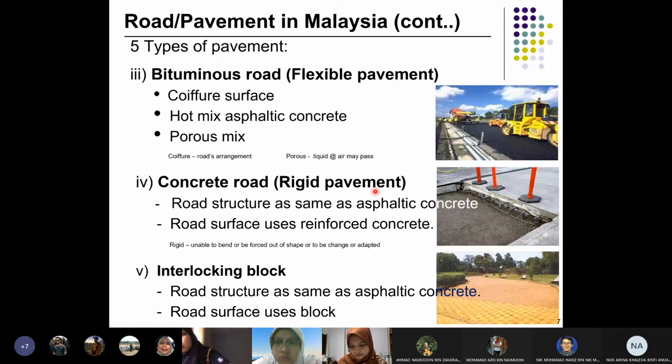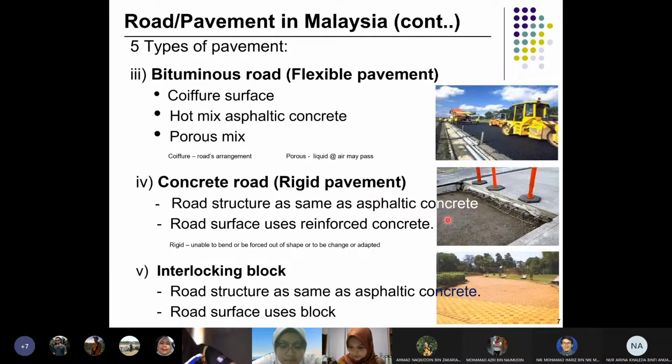Flexible ke rigid? Flexible. Flexible yang banyak. Okay, flexible yang banyak. Alright, so you can correct yourself. Yang banyak di atas jalan adalah jenis flexible. Okay, so lepas ni kita nak tengok what is good with flexible pavement compared to rigid pavement.